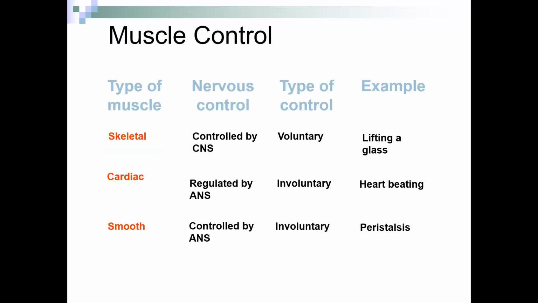All right. Now, just to remind everybody once again, 3 types of muscle. You have skeletal muscle, which is what we're looking at now, because remember, the muscular system only refers to skeletal muscles. And this one is controlled by the central nervous system, and this one is under voluntary control. This is what allows us to move around, right?